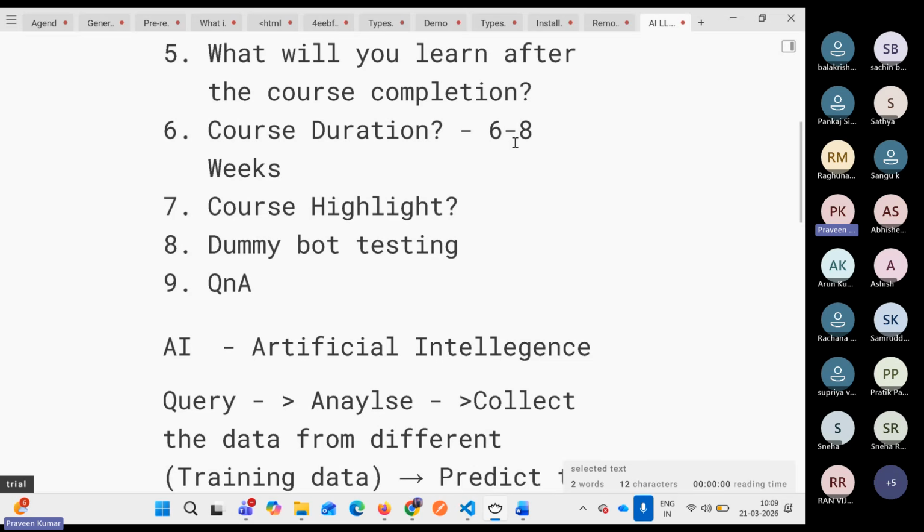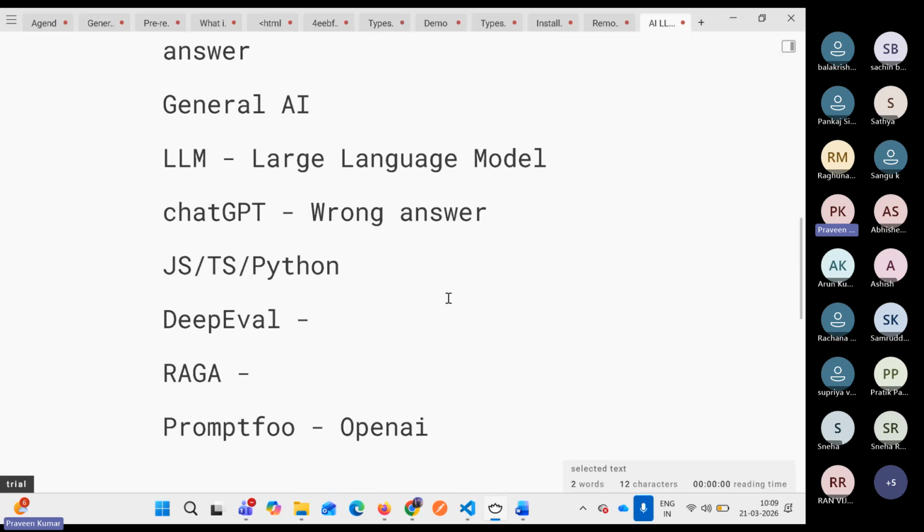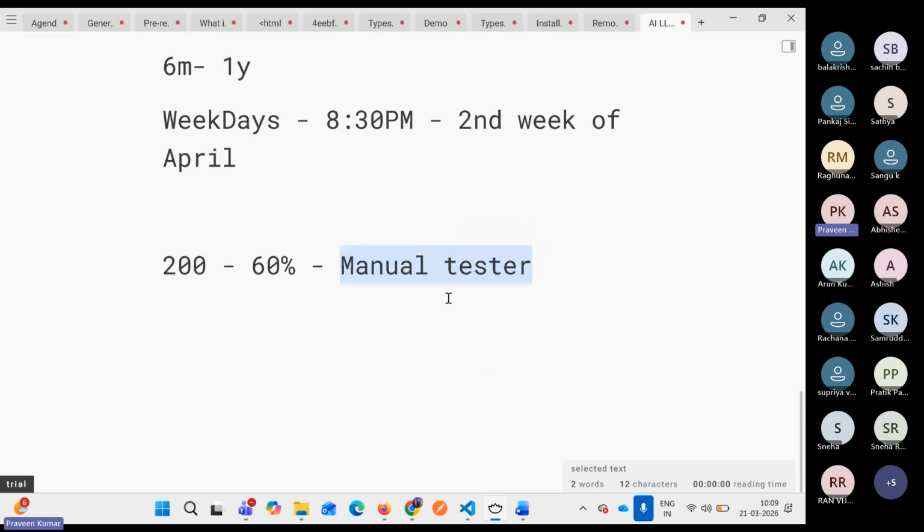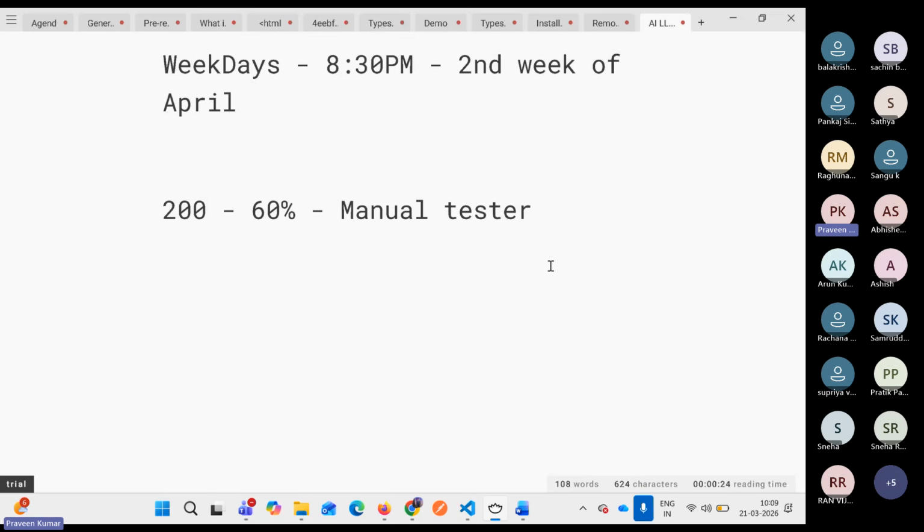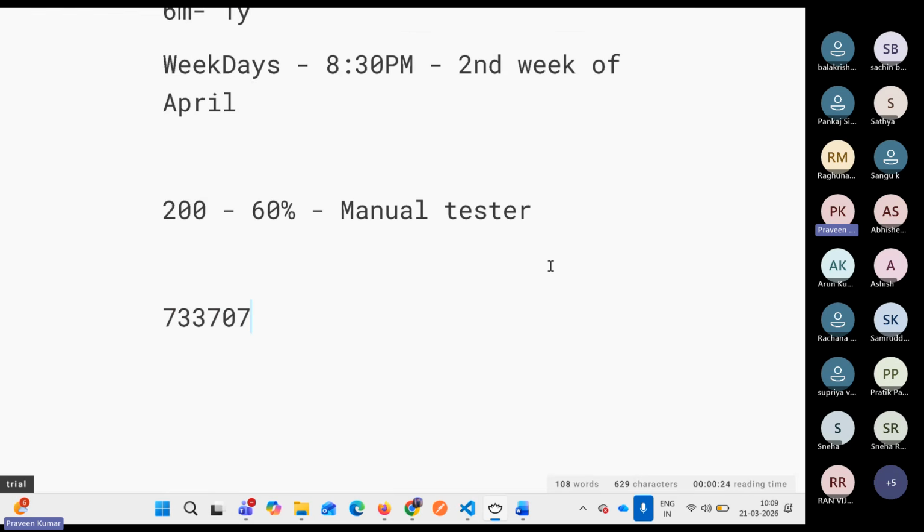Not only that, I would also suggest that if you are somehow not able to ask any questions, you can feel free to message me directly, since you might already have the contact number. If you do not have it, you can message me on this number here, 733730711, or in whichever group you are a part of.